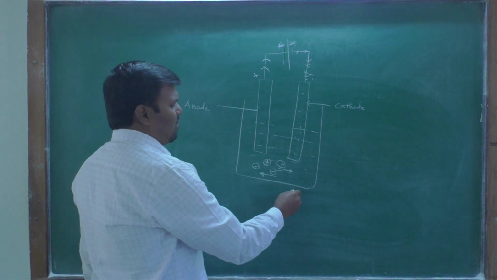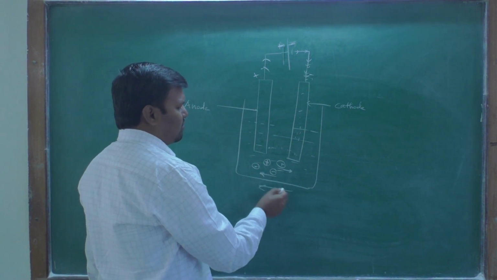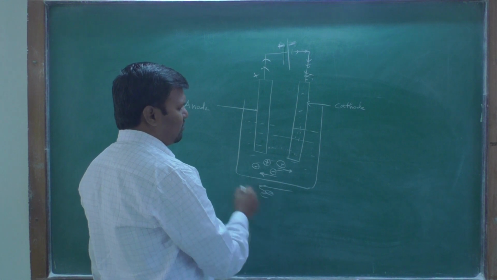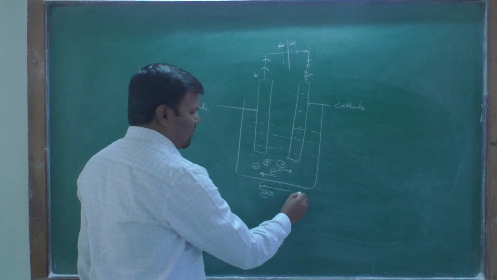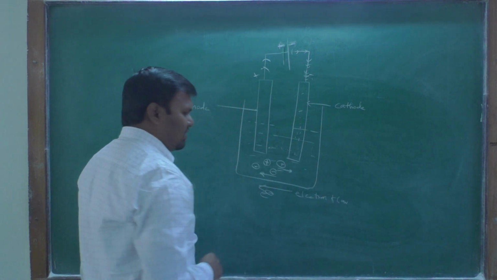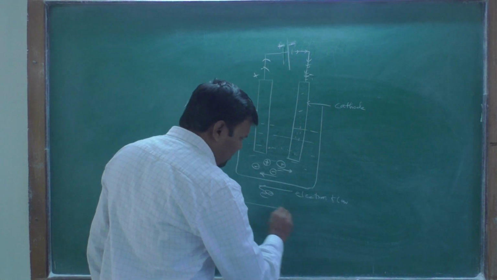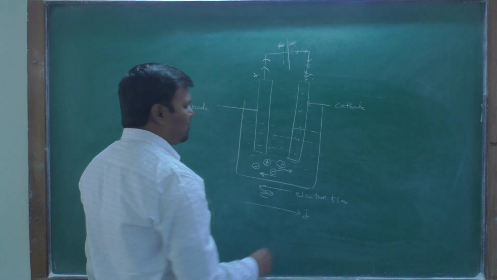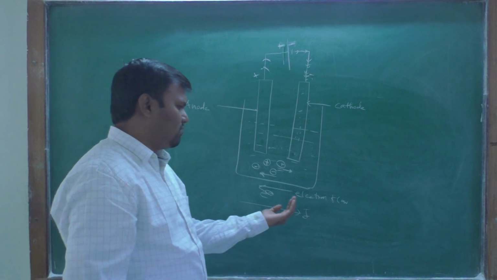Therefore the electrons flow in this direction, and the ions in the other direction, and the direction of current is always opposite to the movement of the electrons.